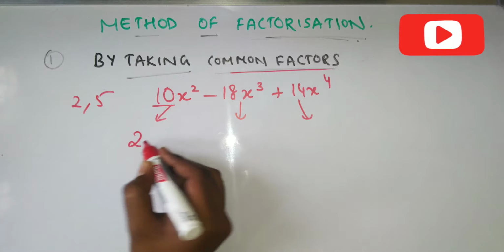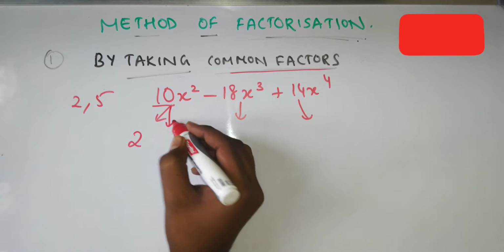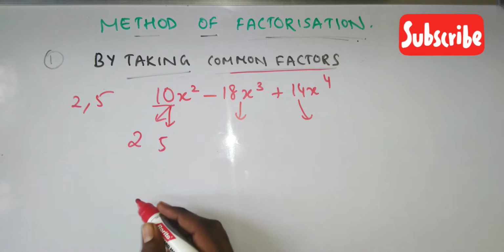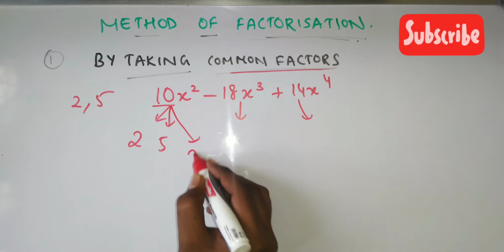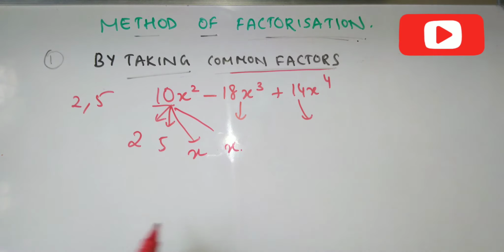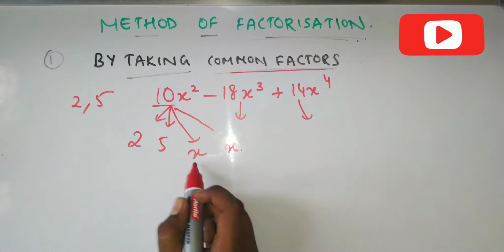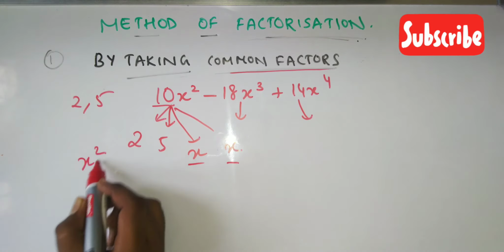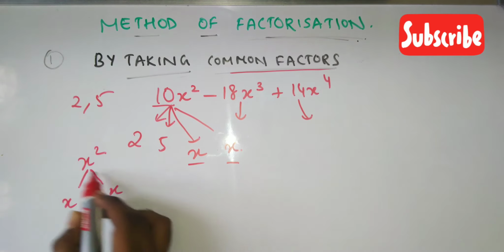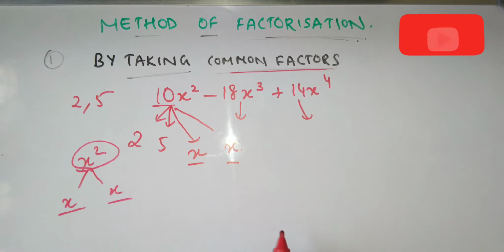So I can write 2, 5, and x. Why x here? Because x square is nothing but x and x, so the factors of x square will be x and x. That's it.